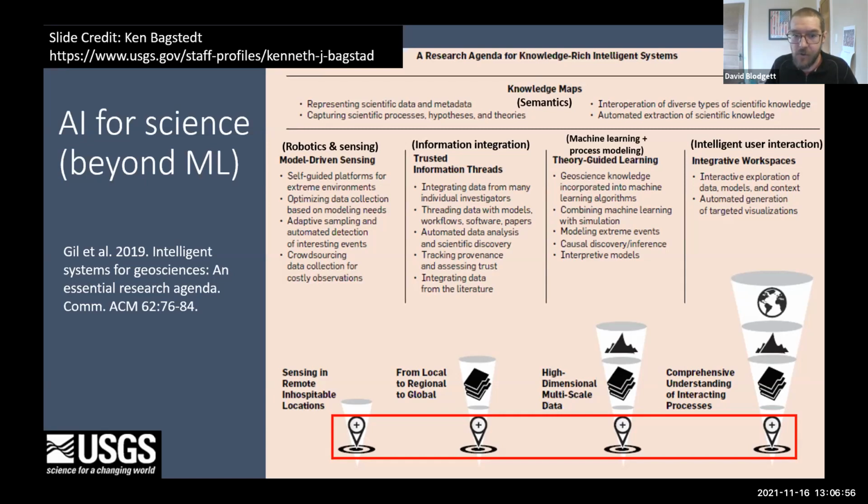There's a whole research agenda built up around this that's fairly well thought out, that points to the need for more nuanced tracking of knowledge and semantics, and that's what this Mainstems work aims to do.